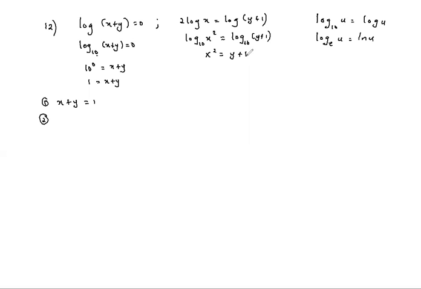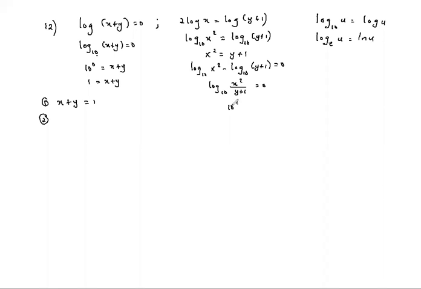Using the principles of log, another way of saying the same is you take what is on the right, you bring it to the left hand side. There it will be 0. So you're going to have log 10 of x squared over y plus 1 is 0.